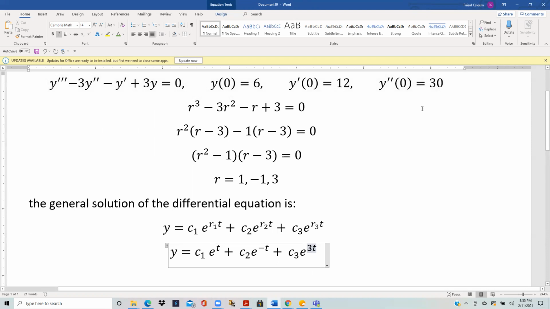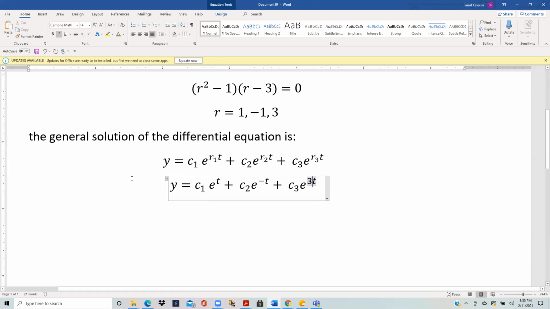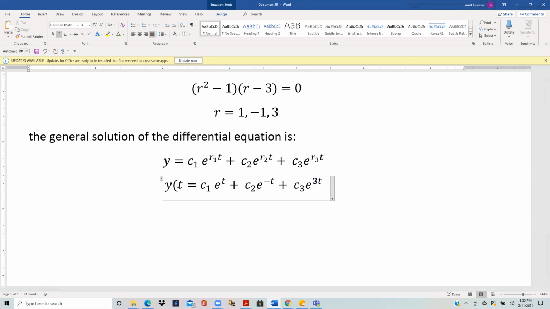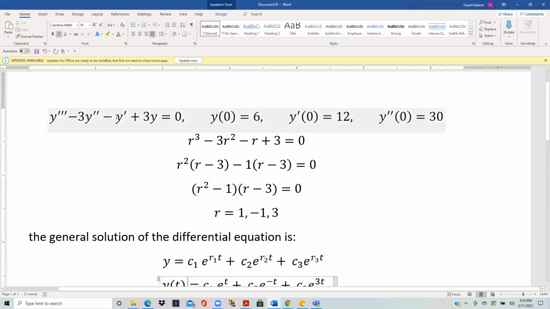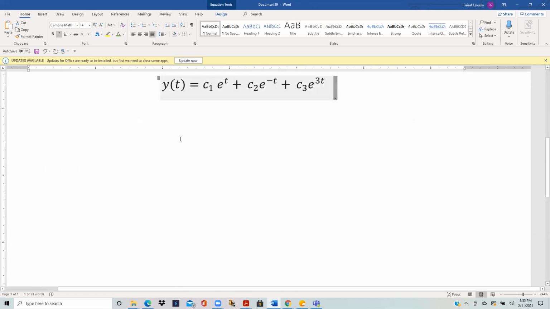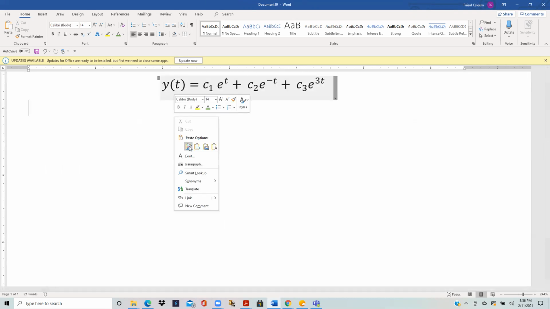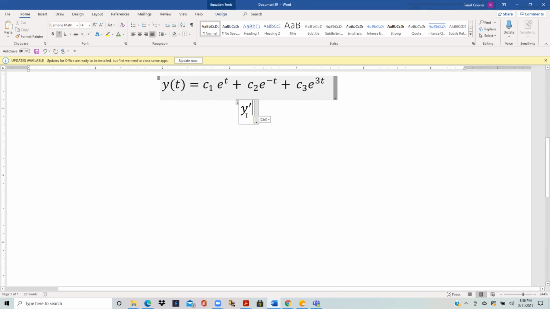So we will need to find the derivatives, two derivatives. So this is y of t. And you get y prime t.